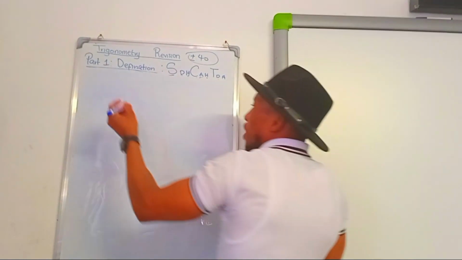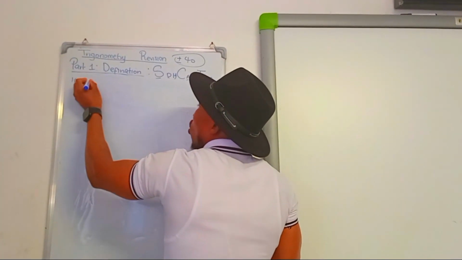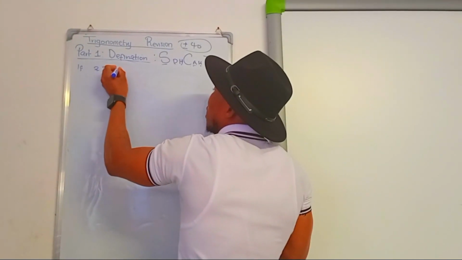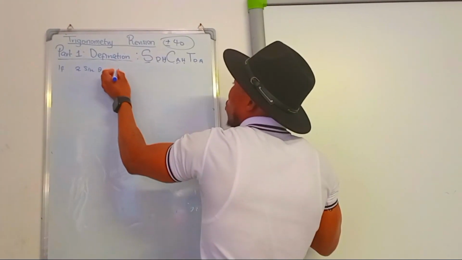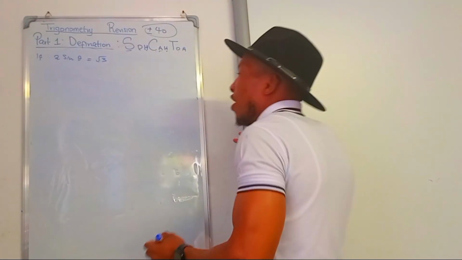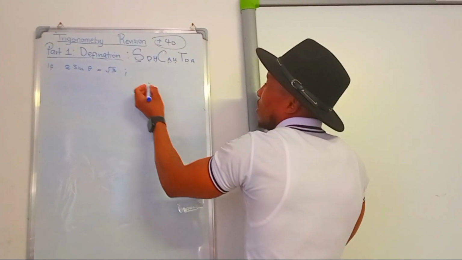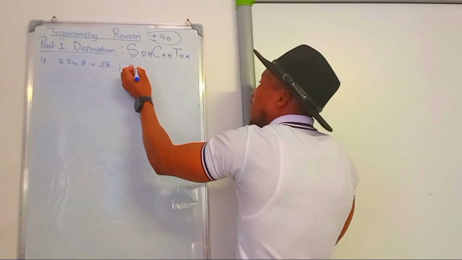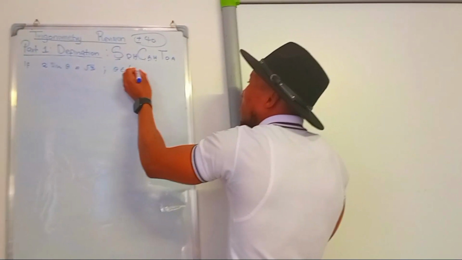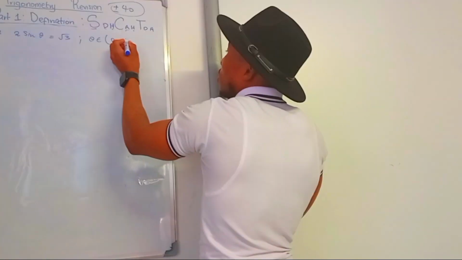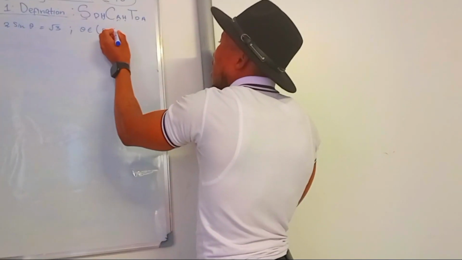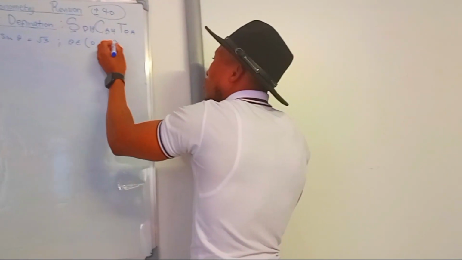Okay, if they are saying 2 sine theta equals root 3, then after that I'm going to say where theta is an element of the interval 0 degrees to 180 degrees, close bracket.